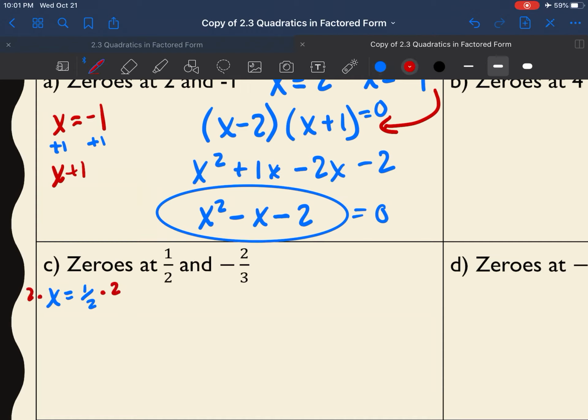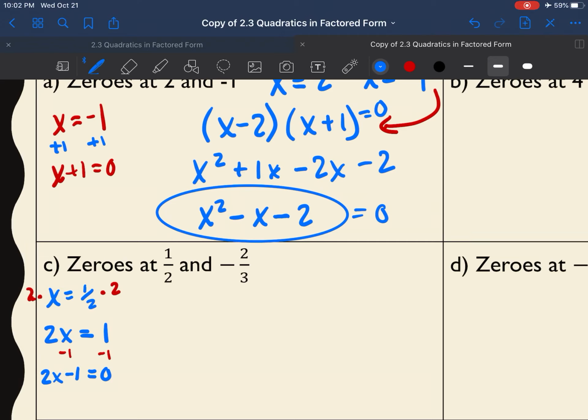And what that's going to give you is 2x, and then on the right side, 1/2 times 2 is just 1. And then, again, this needs to be equal to 0, just like up here. So on the 2x equals 1, we're going to minus 1 on both sides. So now you will get 2x minus 1 equals 0.